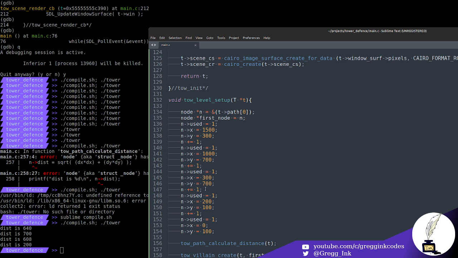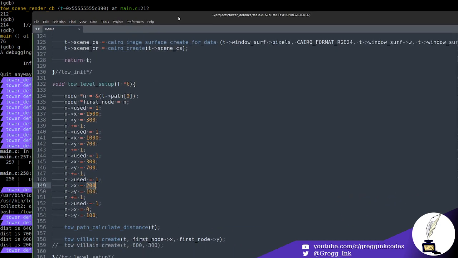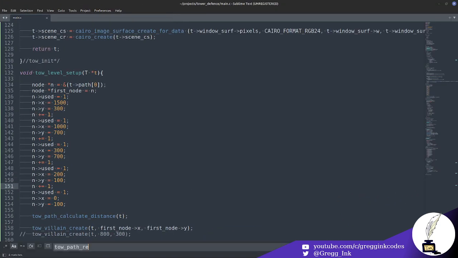So 640, yeah, and then that's a straight part. That's 700, yes, and then from 300, yeah, but that's much longer. Then that is indeed 200. So those numbers look legit.